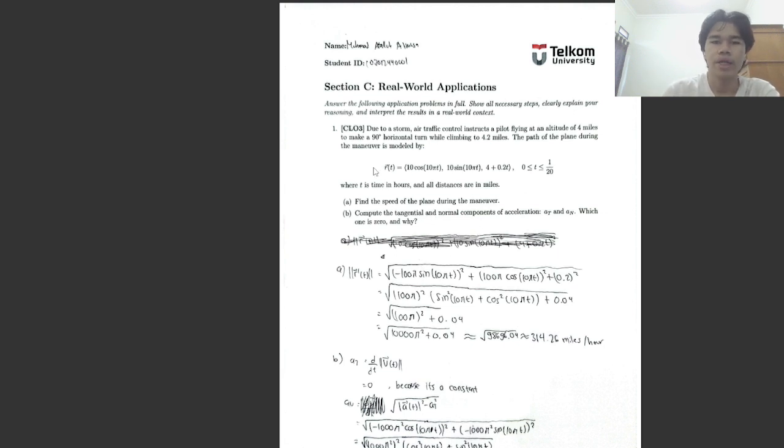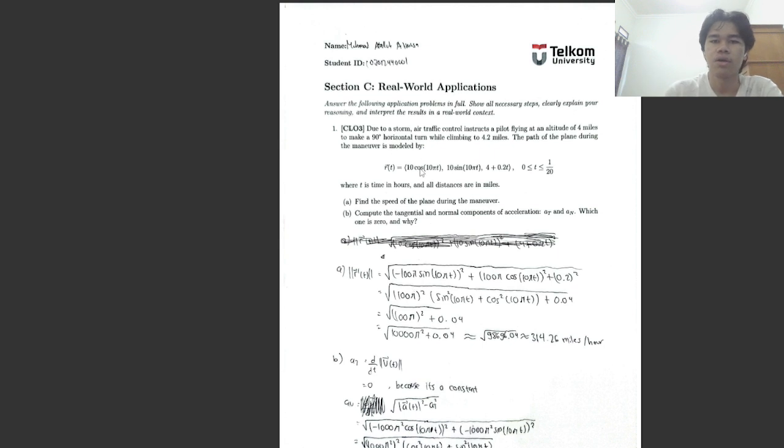So we already got the path, or we can also call it the position. To get the velocity or the speed, we need to derive the position here and take the magnitude.